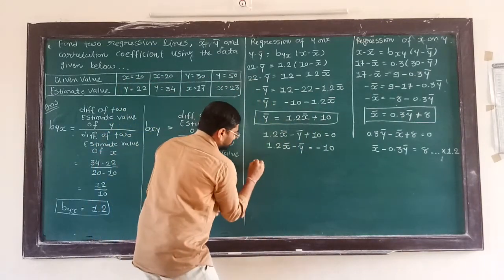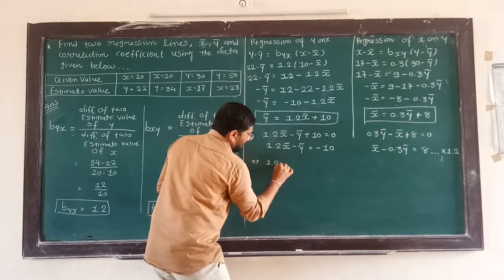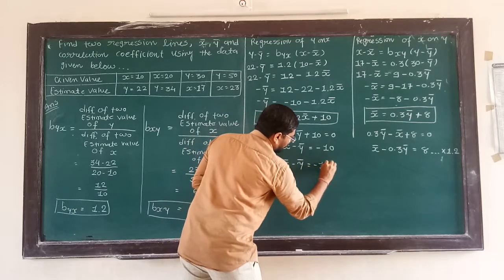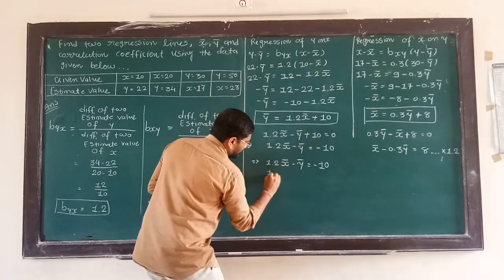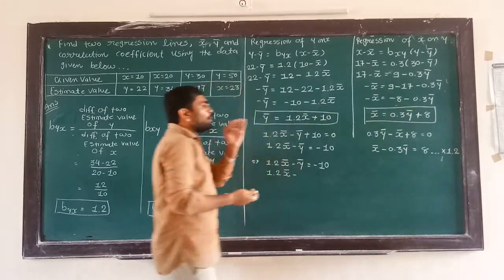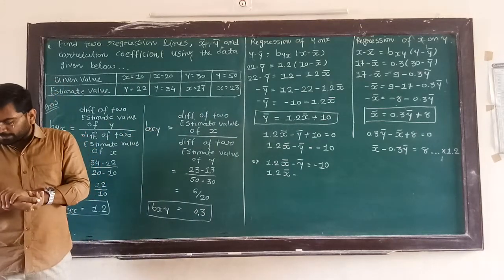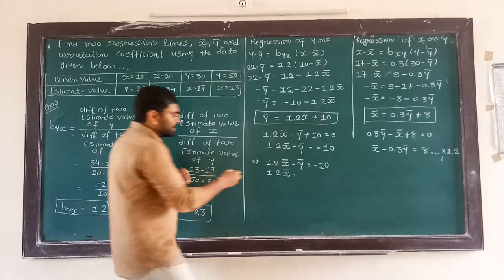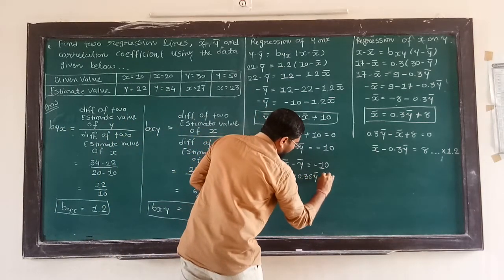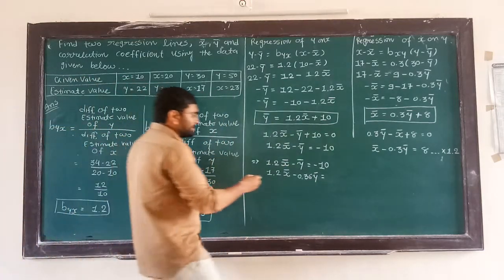Now 1.2 x bar minus y bar is equal to minus 10. And 1.2 x bar minus 1.2 multiplied with 0.3 is 0.36 y bar is equal to 8 multiplied by 1.2 is 9.6.